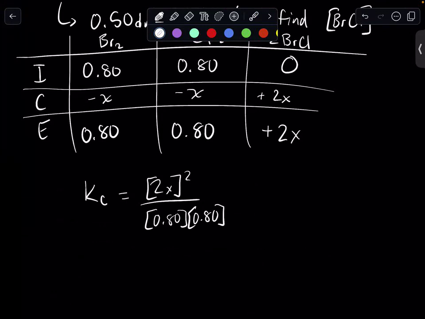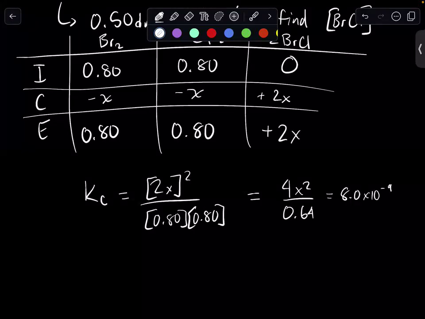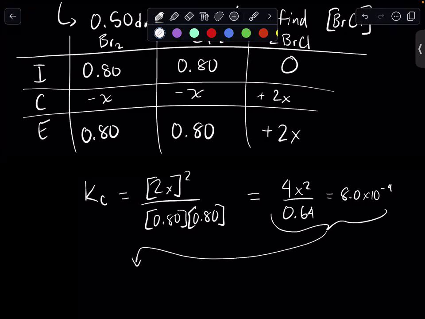We can see that we're already solving a problem pretty similar to the last one, as well as the other ones we've done, but we'll simplify this further to 4x squared divided by 0.64. And we know that that is equal to our Kc of 8.0 times 10 to the minus ninth. So now we're just solving this equation for x.